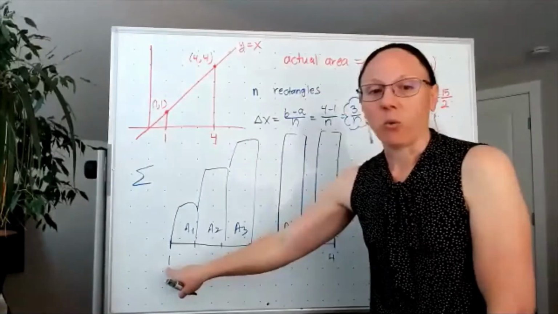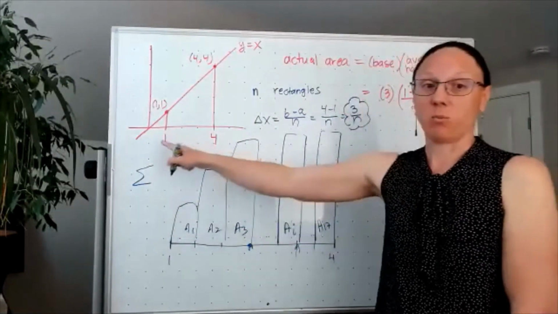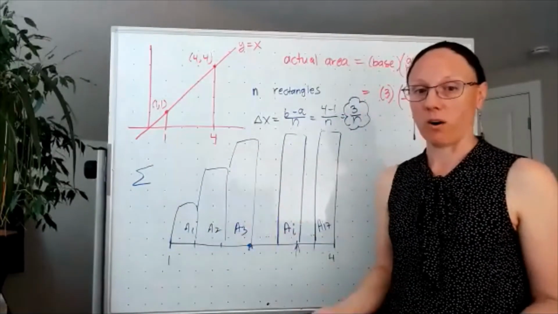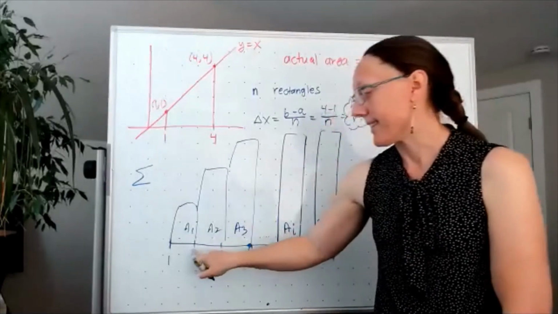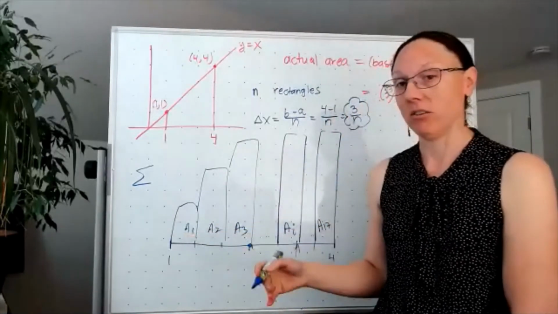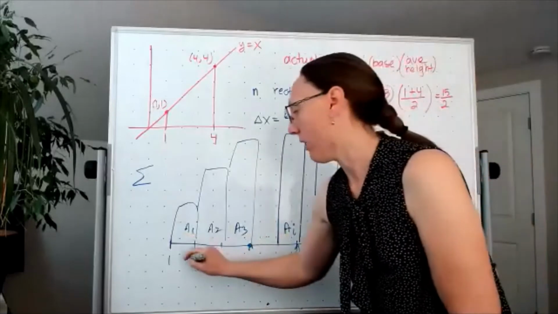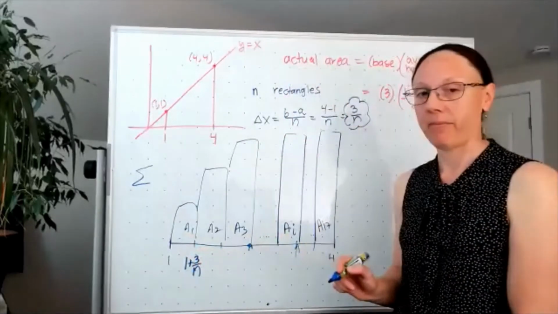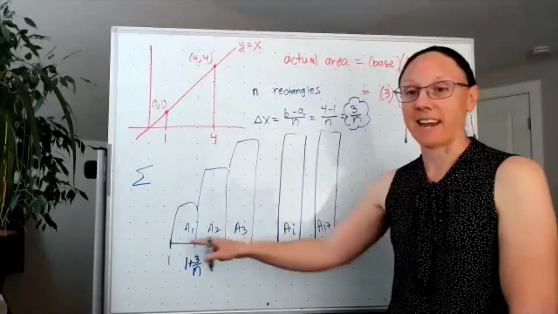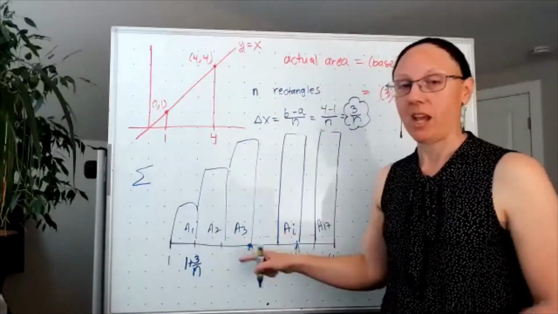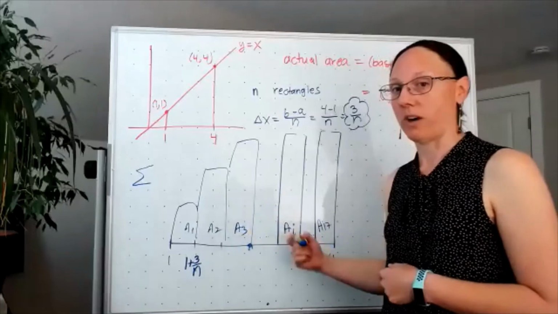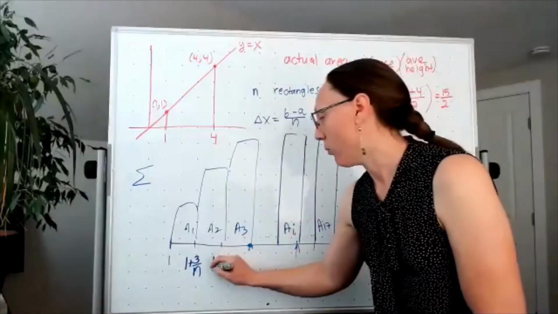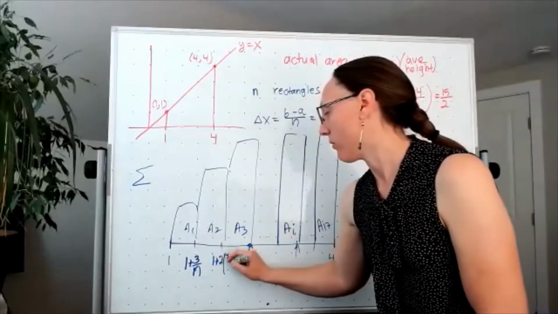So if I start with a 1 here, because we were looking for the area between 1 and 4, the right-hand side of my first rectangle will have an x value of 1 plus 3 over n. When I get to the right-hand side of my second rectangle, I've moved 2 of the 3 over n's. So that's going to be 1 plus 2 times 3 over n.